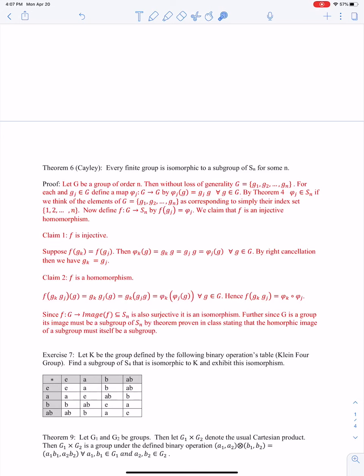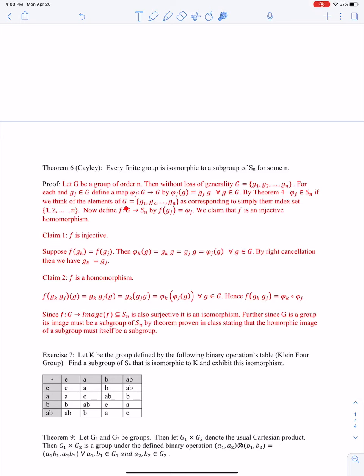All right, so each of these phi_j's is a permutation. Now I'm going to define a map, F, going from G to S_n, the set of all permutations on G. What is my map? F of an element g_j goes to this permutation, phi_j.